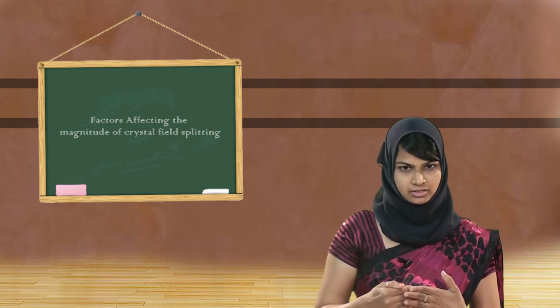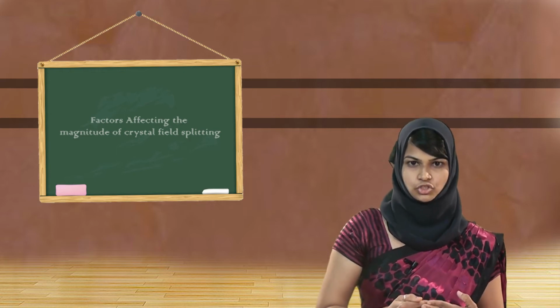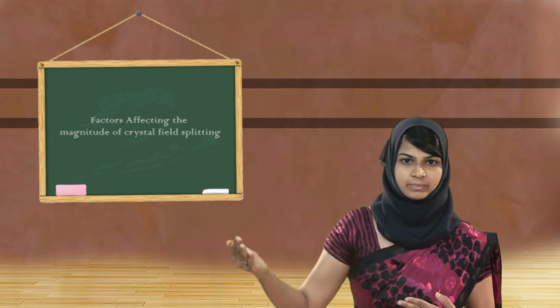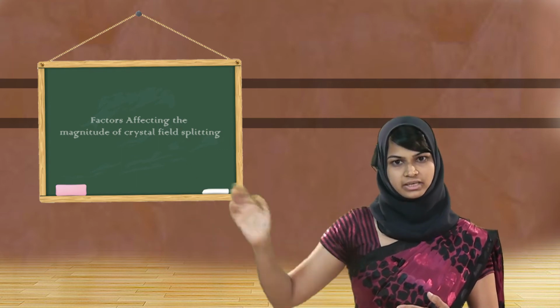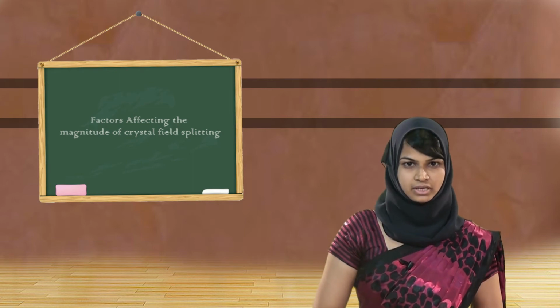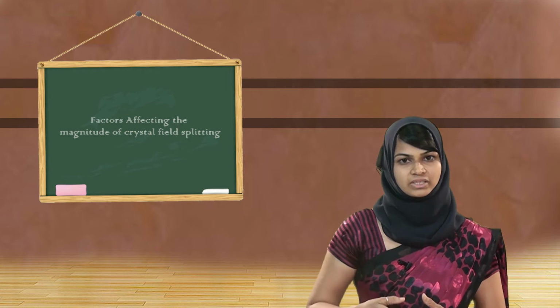That is to say, the first ligand has the lower crystal field splitting magnitude, the next ligand has a higher magnitude, and it goes on in increasing order. So the spectrochemical series is the one which defines the strength of the ligand.